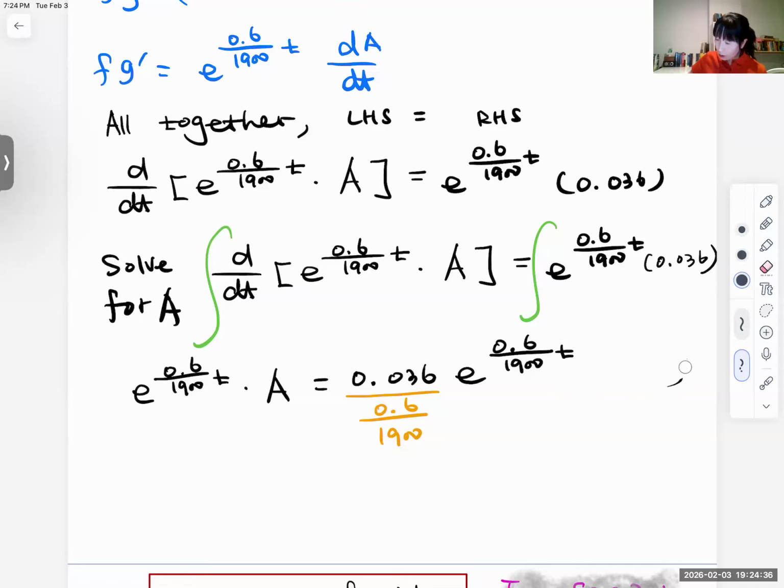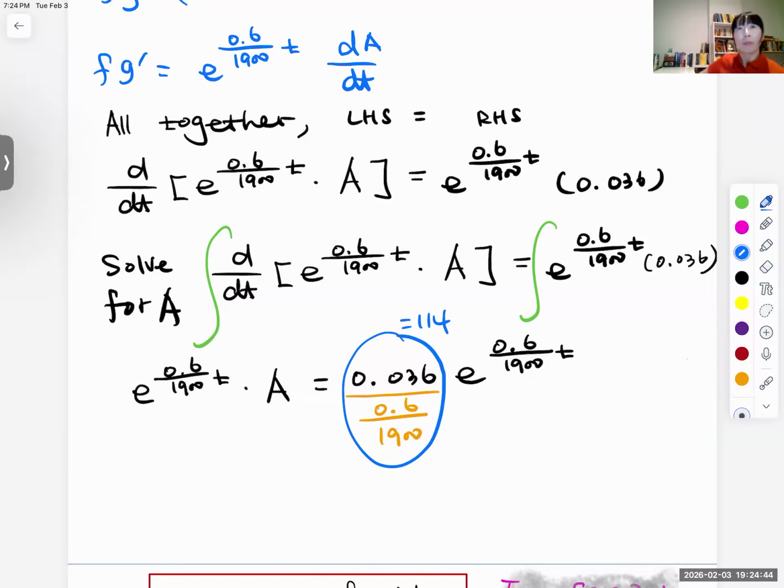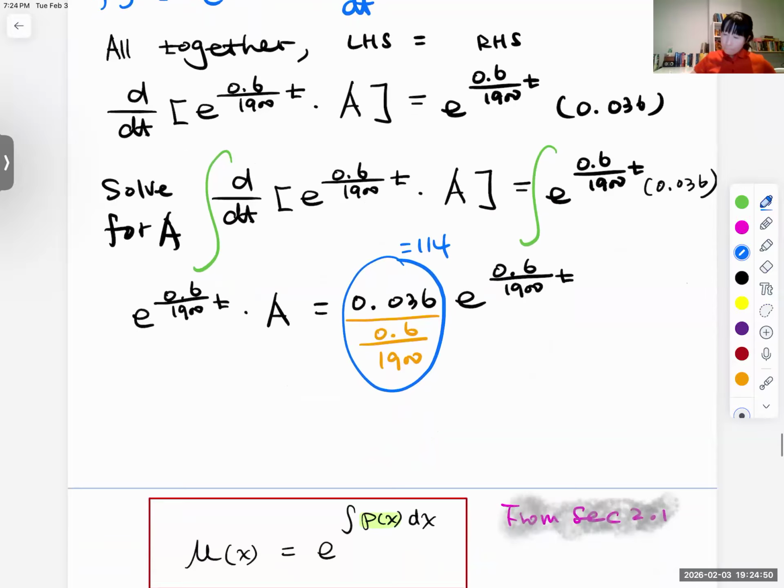All right. So in that case, if we calculate everything, this will be 114. Okay. Now solve for A. So we divide by e to the 0.6 over 1900 t, both sides, right?